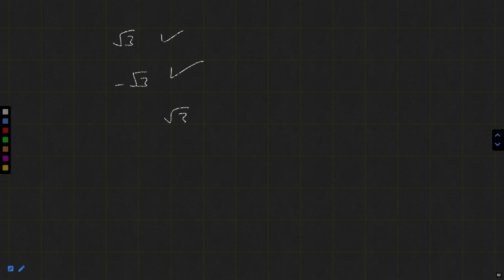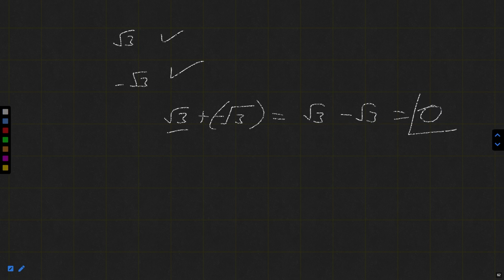Adding these numbers, we get root 3 plus minus root 3, which is equal to 0, and we know 0 is a rational number.